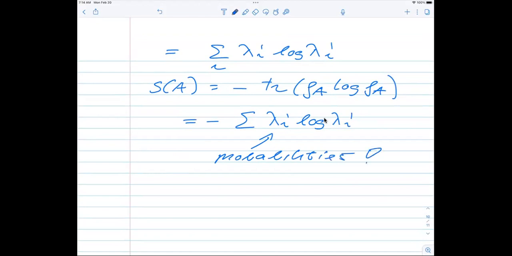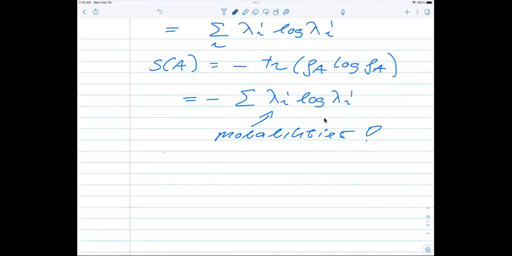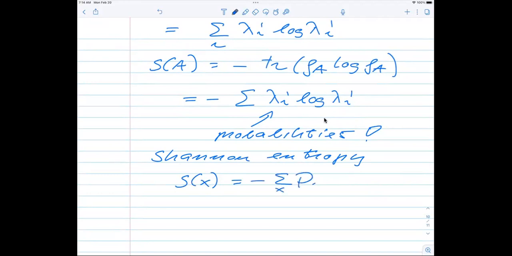So that means the following: if I go back to the Shannon entropy, we have a quantum mechanical equivalent of the Shannon entropy, but which is now given in terms of the probabilities, which are the eigenvalues of the density matrix. And the Shannon entropy, which was defined as this H of X, was simply the sum over all the possible realizations of this probability.